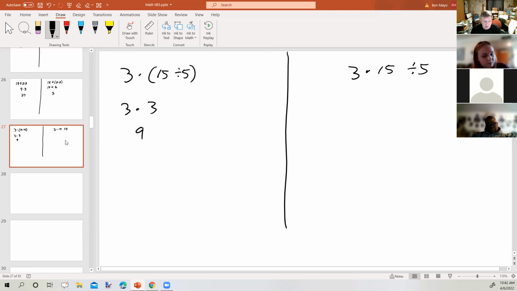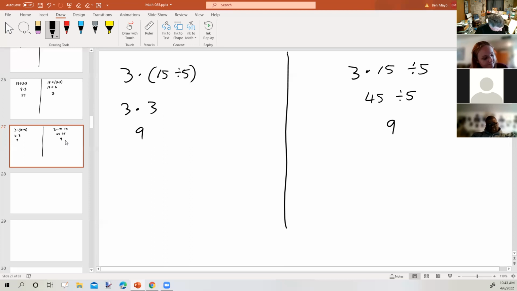Multiplication or division, whichever comes first from left to right. 3 times 15 is 45. 45 divided by 5 is 9. Interesting. We got the same answer. Different order, though, for doing things.